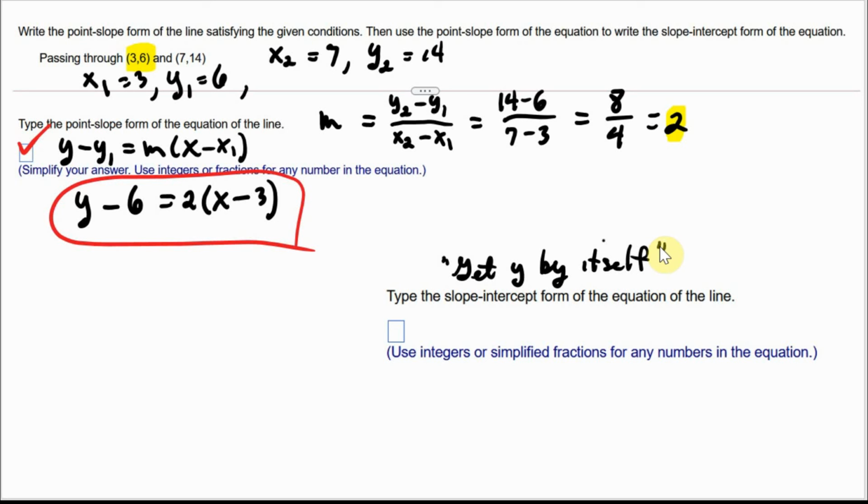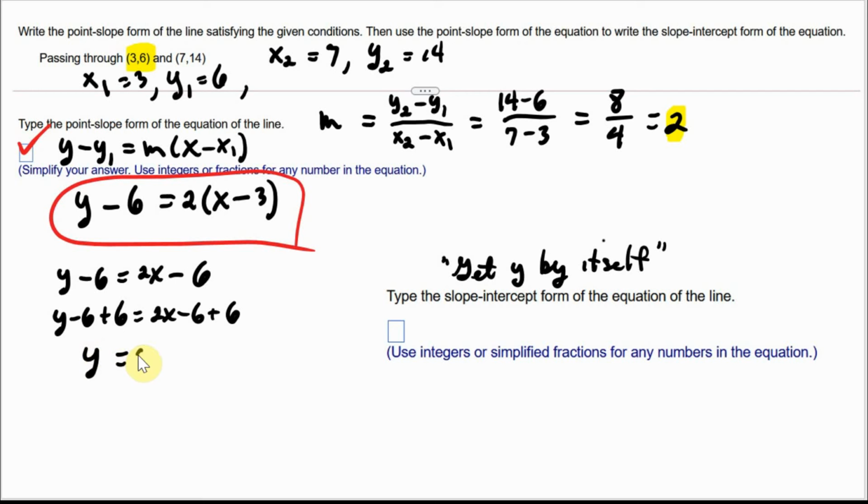Just take this equation, get y by itself, and that becomes the slope-intercept form. So this is y minus 6 is equal to 2x minus 6. Now here we're going to add 6 on both sides, so we get y minus 6 plus 6 is equal to 2x minus 6 plus 6. We get y is equal to 2x.